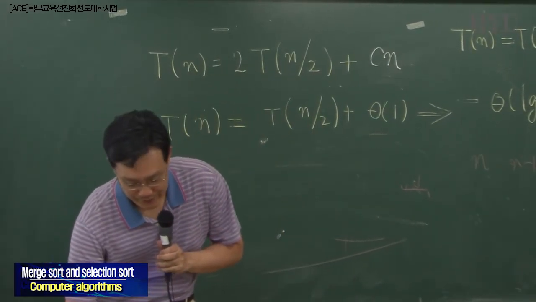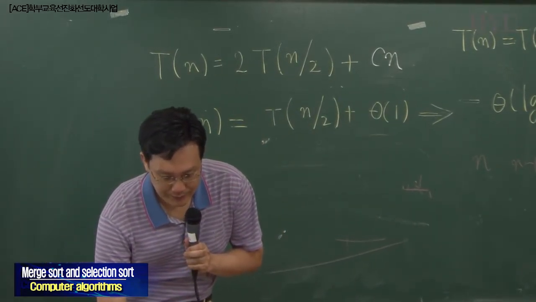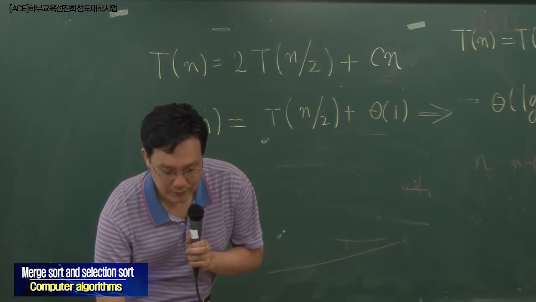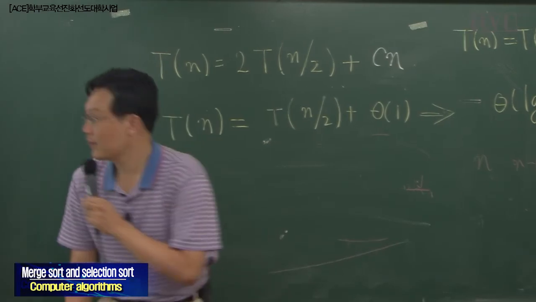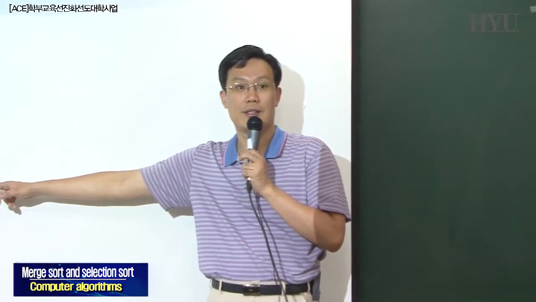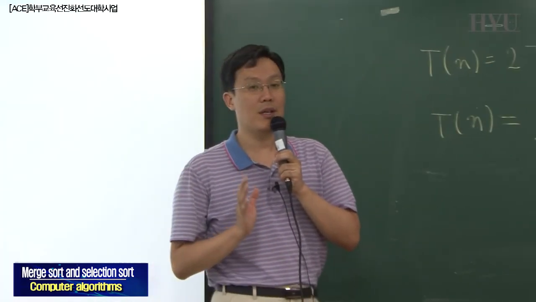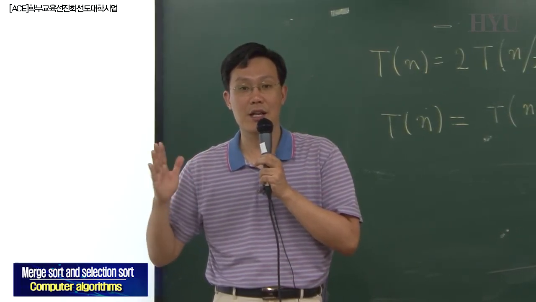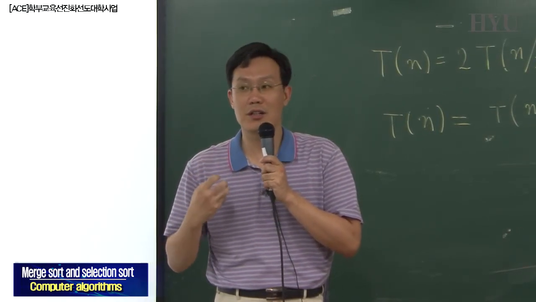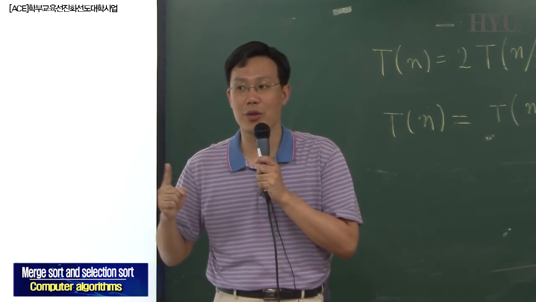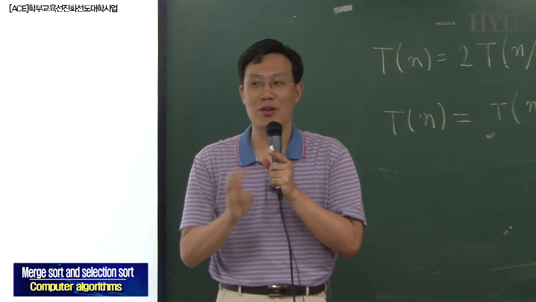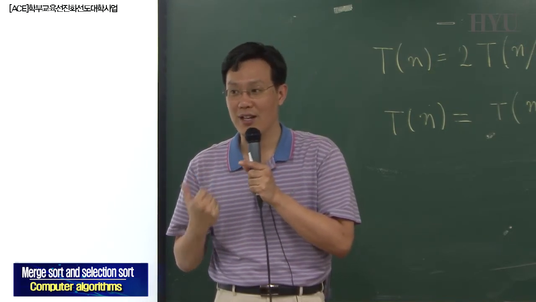It's N squared. But its worst case running time is theta n squared. But its running time is big O of n squared. There is a difference between theta and big O, and I will tell you on Friday.